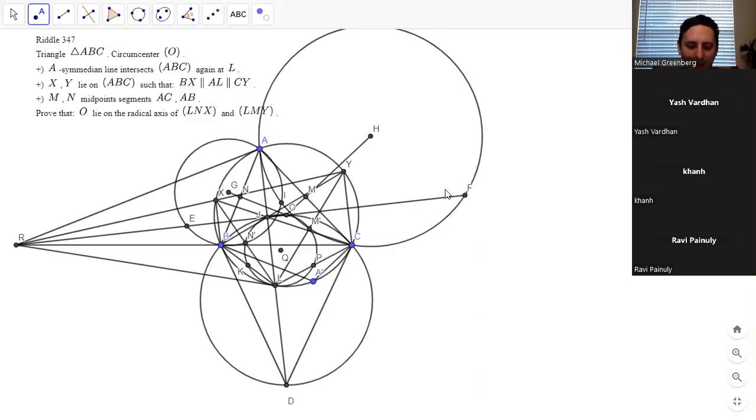Let me see if I can find that problem on my channel again. Somehow I did something that looks almost exactly like this, and then I used Desargues's theorem. I wonder if this is even equivalent to that video.